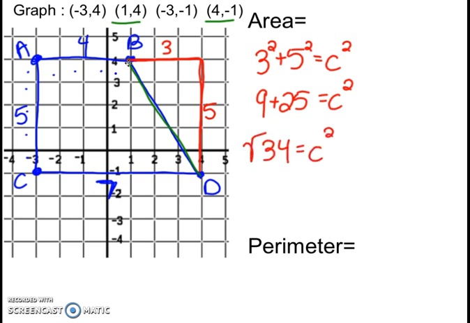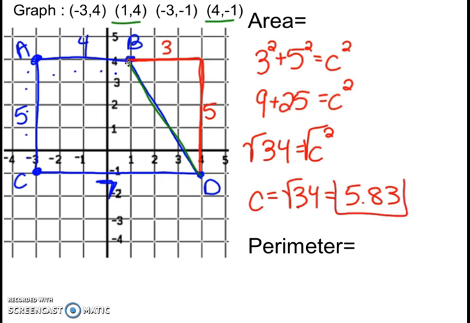So if I square root both sides, this little diagonal is going to be the square root of 34, which ends up being 5.83. So this little piece right here is going to be 5.83. Again, you can do the distance formula or the Pythagorean theorem to find that last side. So now I can find my perimeter by adding up all the sides.